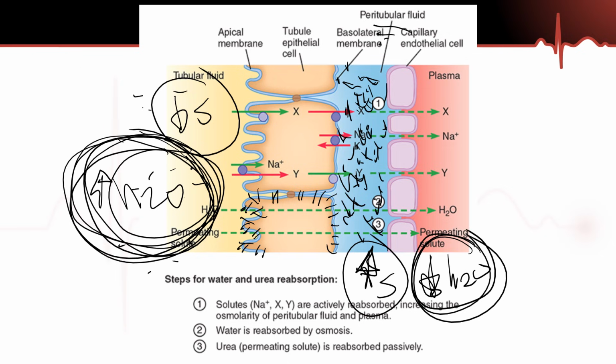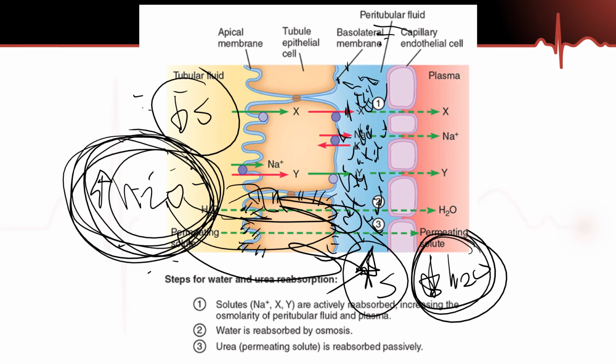So water wants to move from high to low concentrations, from the blood plasma within the lumen of the proximal convoluted tubule into the peritubular or interstitial fluid. And how does it do that? Well, it just tears right through these aquaporins that exist both within the apical and basolateral membranes of these cuboidal epithelial cells.